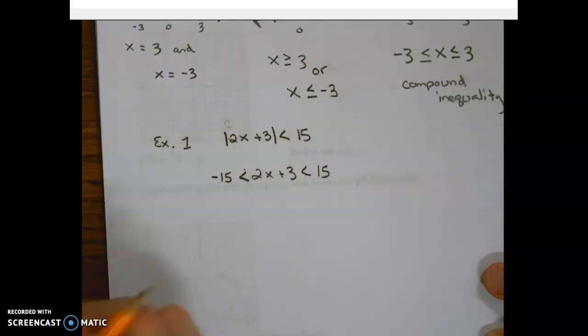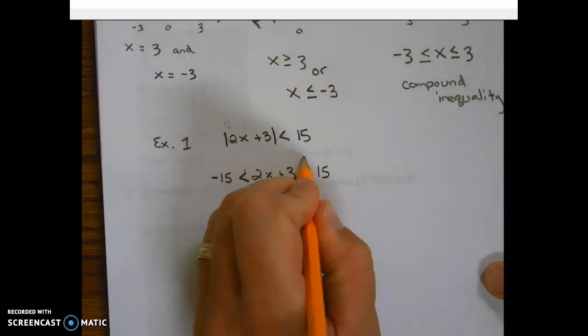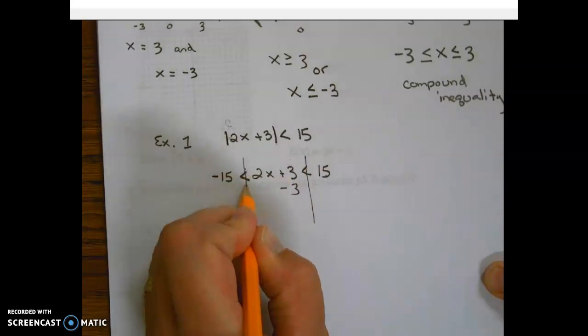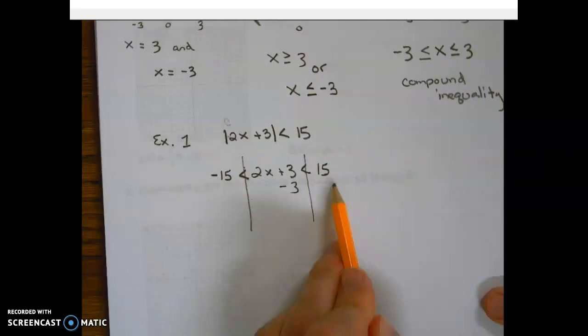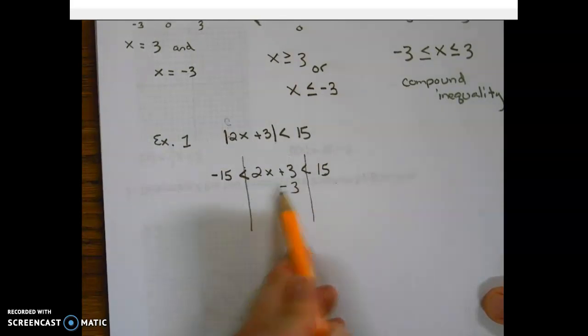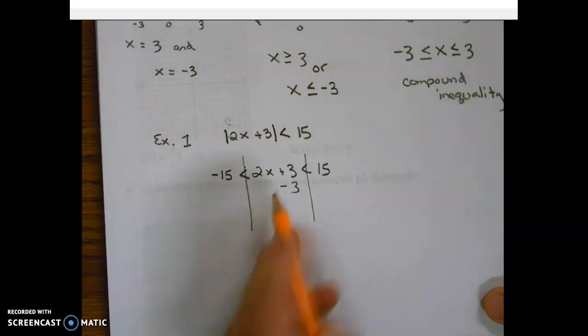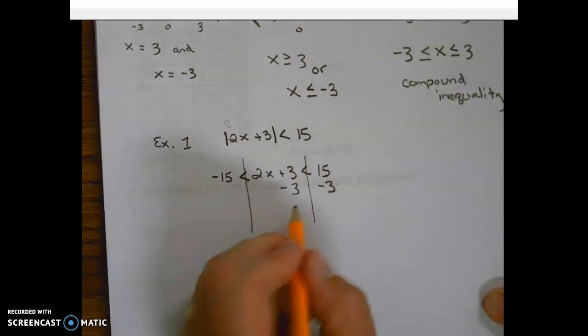So the first thing, as usual, we would undo adding and subtracting. Now, you may have seen prior where we would draw a line. That's just to help us know that we have two different sides to this inequality. So if we do something to this side of the line, we have to do the same thing on the other side.